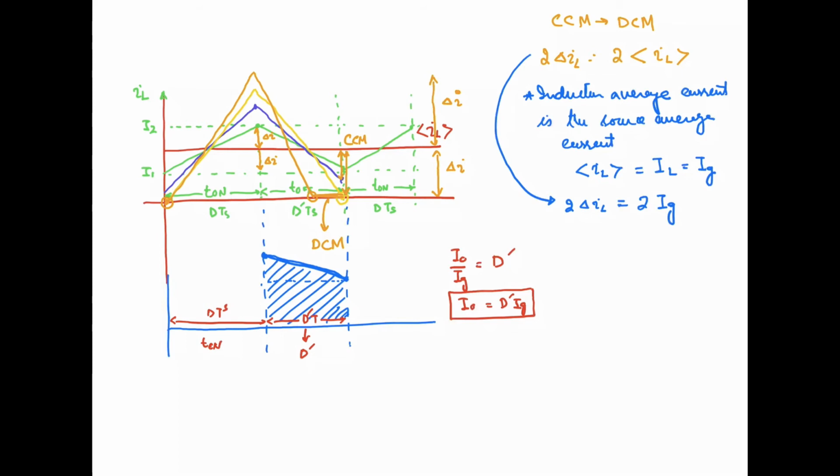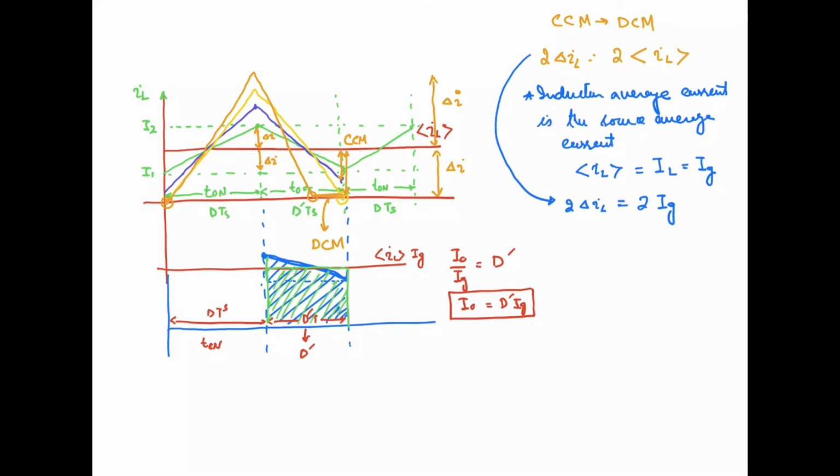But out of that, only the D prime portion is contributing at the output. So if I look at the average current of the source, that can be represented like this, right? This is the average current of your inductor, that is the average current of your source, but out of that, just observe this part, only this portion is going to appear across the load.